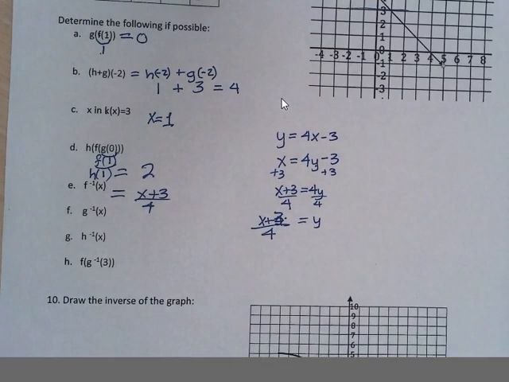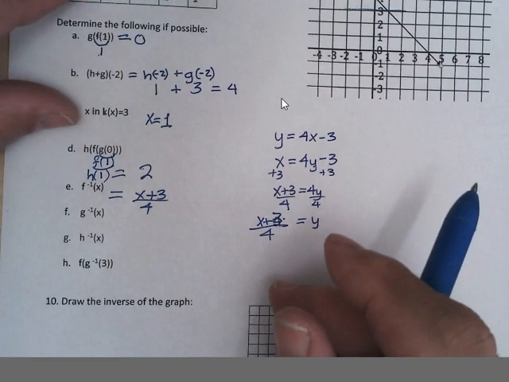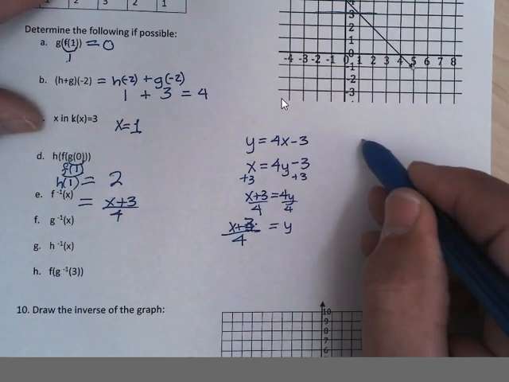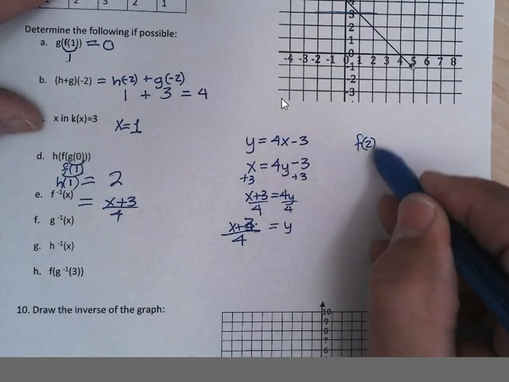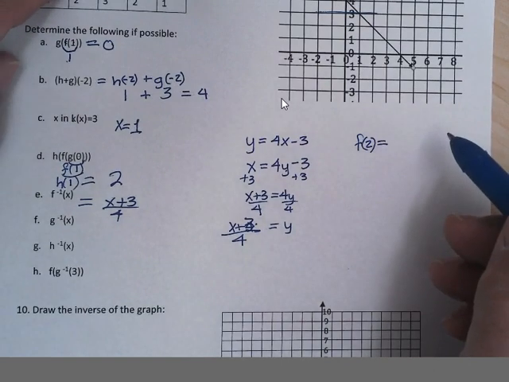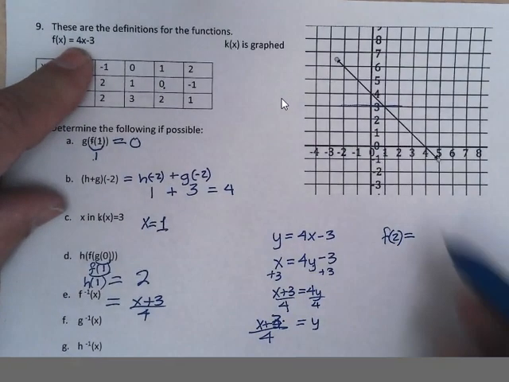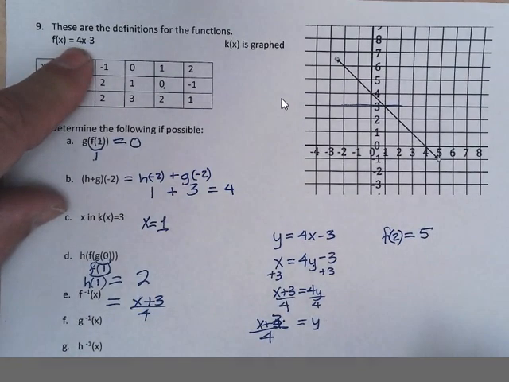Now, what that means, in case you're not clear yet. For example, let's put in 2 into f. What do we get? 2 times 4 is 8, minus 3, we get 5.